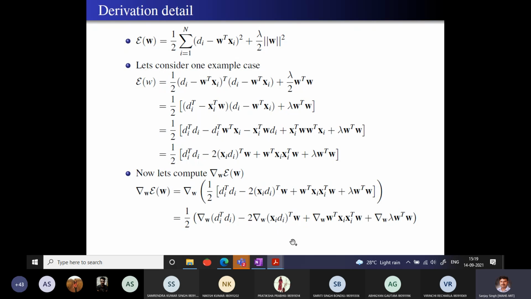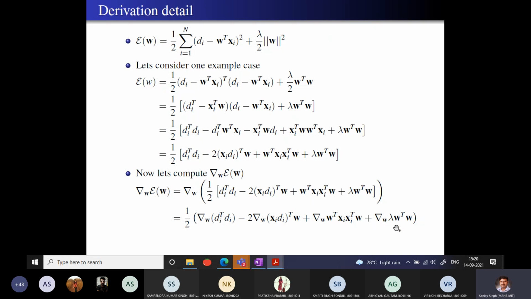That's all. Of course, 2 will be there. Plus, if I remember, I said nabla_x x^T A x. So this entire part you consider as A, and this entire part you are basically taking a single derivative of, so it becomes 2Ax. 2Ax means 2 X_i X_i^T, x means W. Plus this is also here: lambda can be taken out as a constant factor.